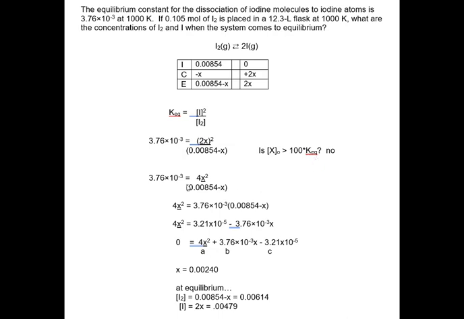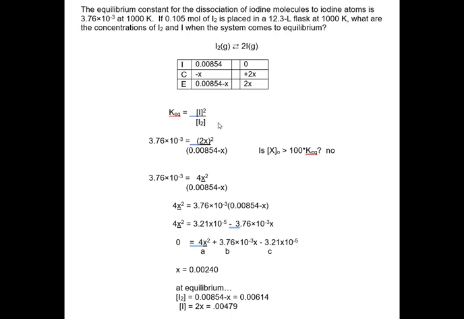So we proceed setting up the equation in terms of a quadratic, we determine A, B, and C, and we solve for the x values using the quadratic formula. The answer that is reasonable from the quadratic formula is 0.00240. So at equilibrium, I2 is the initial concentration minus the value of x.